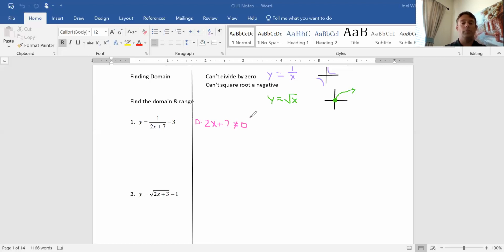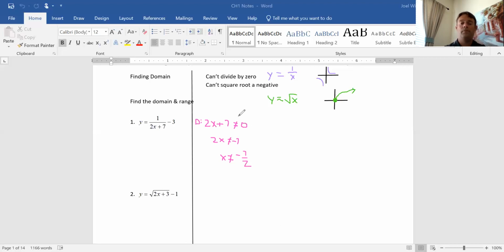So when I solve it for x, I'll figure out what my domain actually is. So 2x can't be equal to -7. That means x cannot be equal to -7/2.